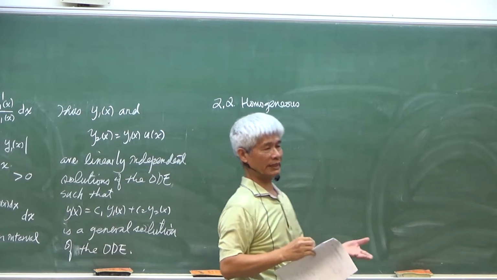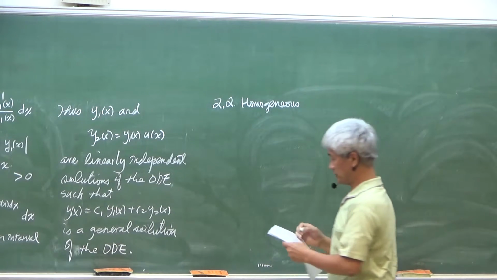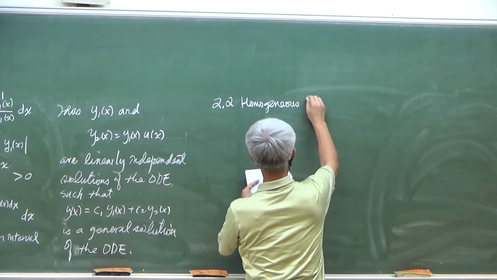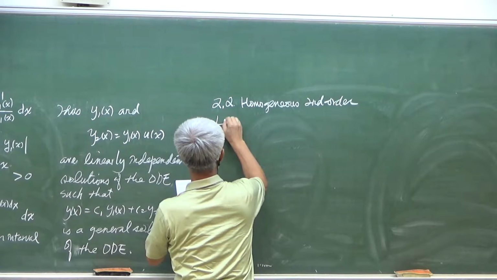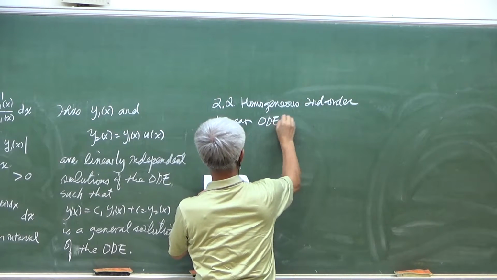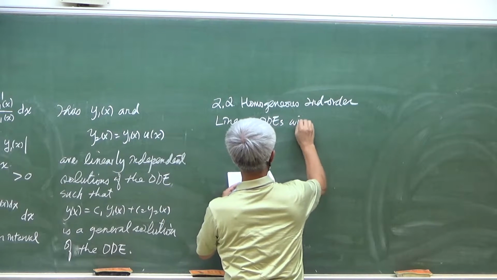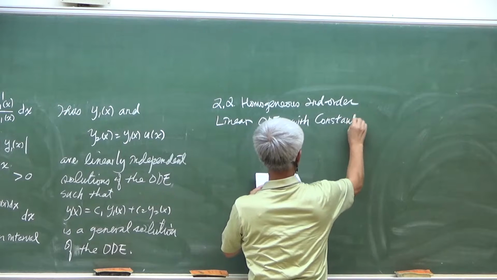So the following two sections are about special cases of homogeneous second order linear ODEs. The first one is with constant coefficients.